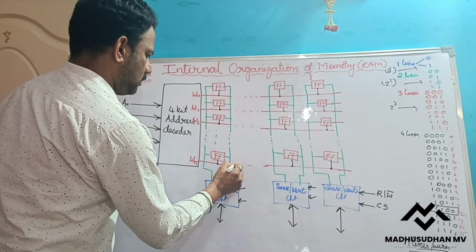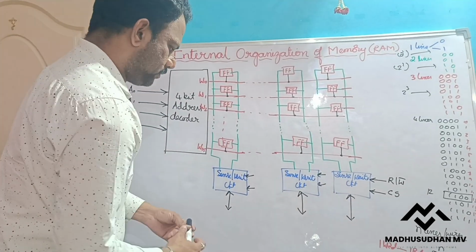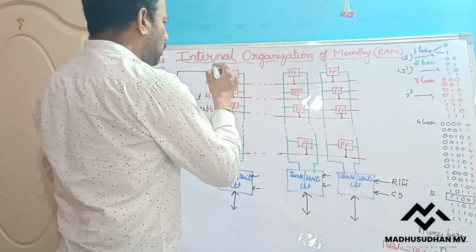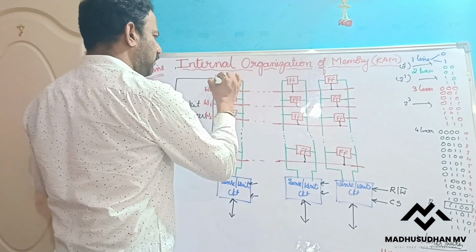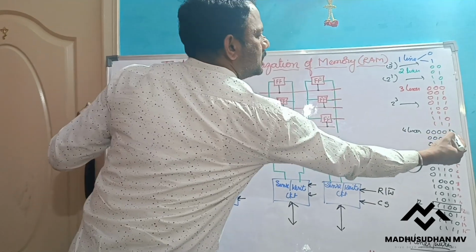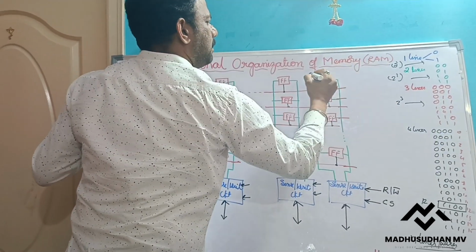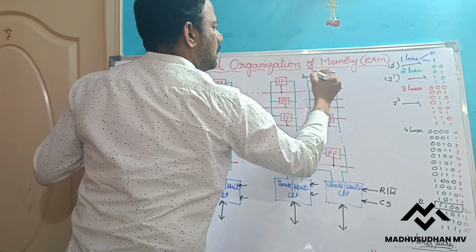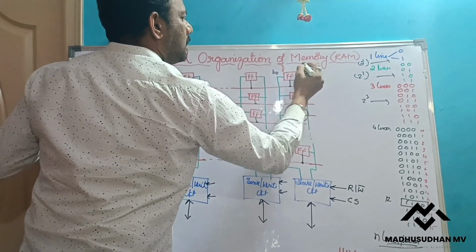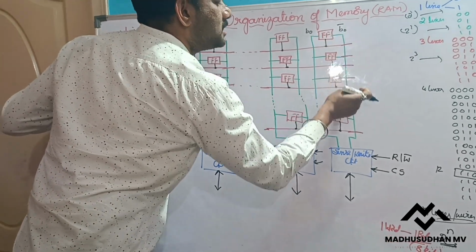This is my least significant bit and this is my most significant bit. So I will say this is B0 and this is B0 bar. That means on this line I get the B0 value and its complement on this one.